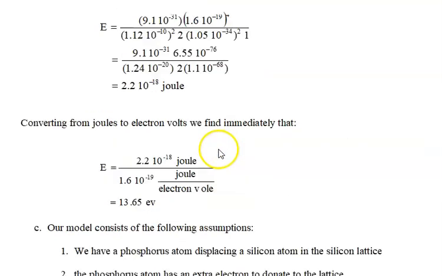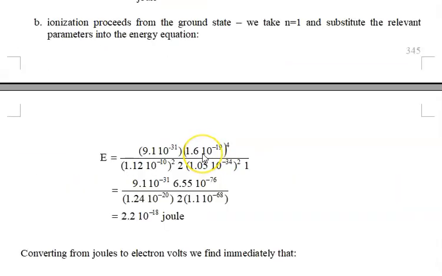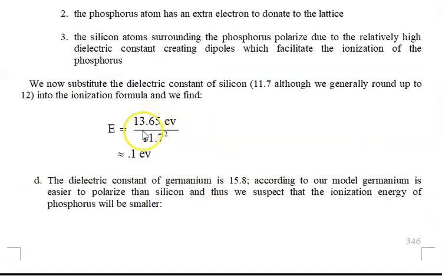So in a silicon lattice, instead of E0, we have E0 multiplied by the relative dielectric constant, which for silicon is 12. So we just take this number here and multiply by 12 and square it. So we take the 13.56 and divide it by about 12, or in this case I made it exact, 11.7, doesn't matter. Generally round up to 12 for silicon, and we get about 0.1 eV, or about 100 millivolts.